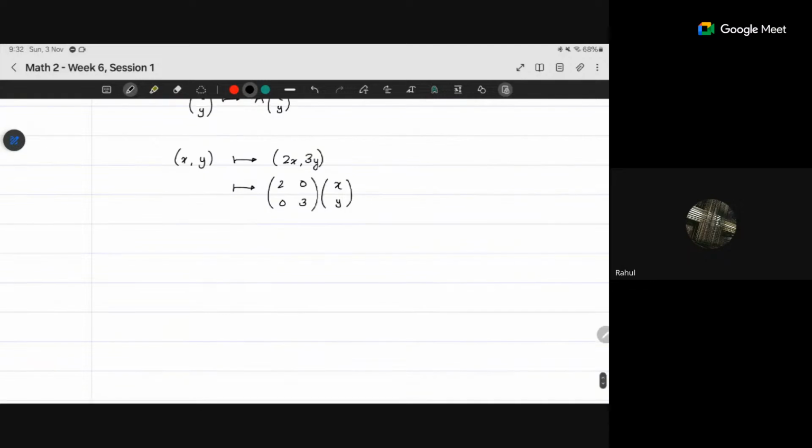So to every linear transformation, we can associate a matrix.